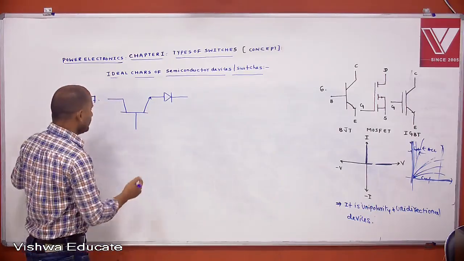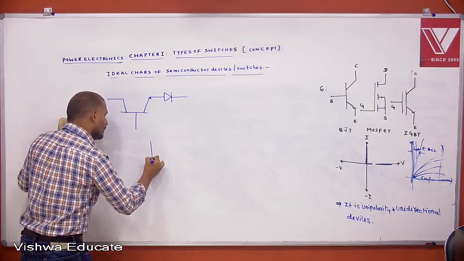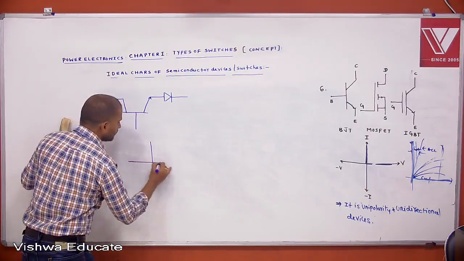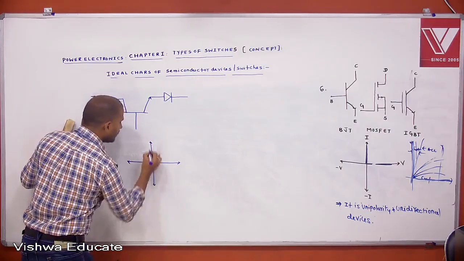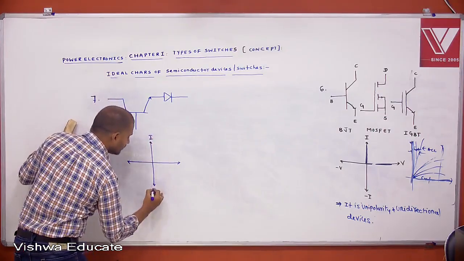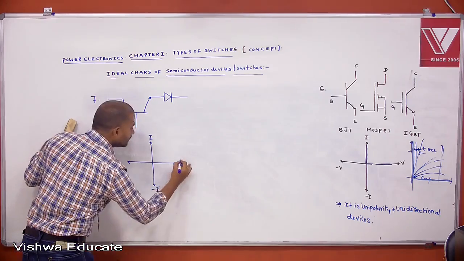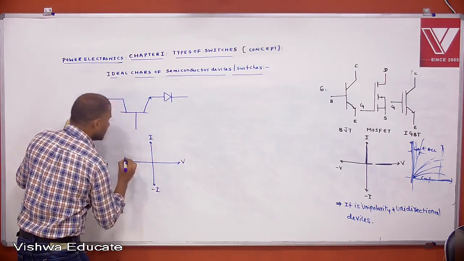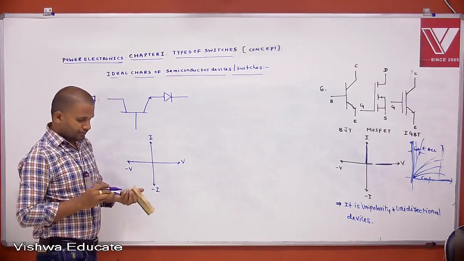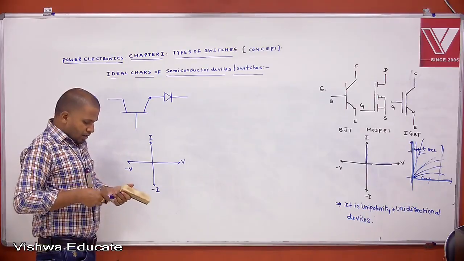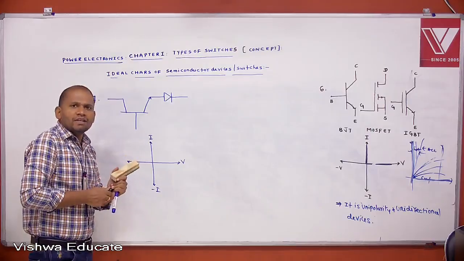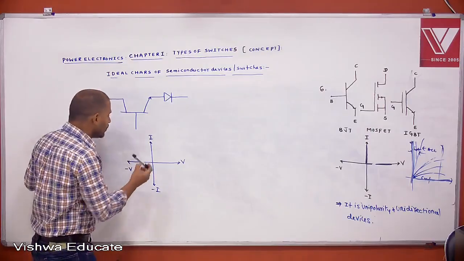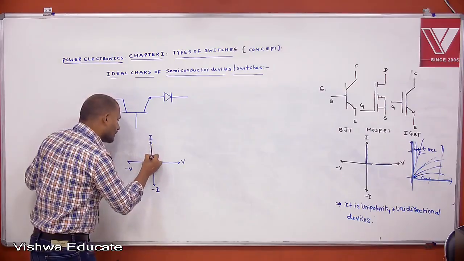Take the drawing of these characteristics. This is I, this is minus I, this is V, and this is minus V. You know this, we don't have any anti-parallel device. That's why we can get the characteristics only in forward current.